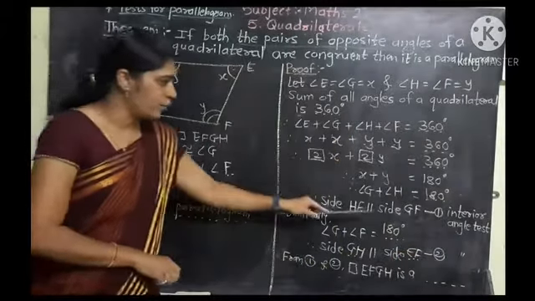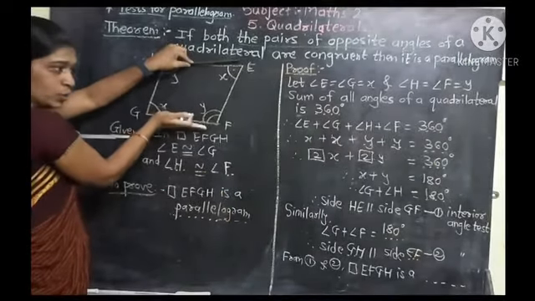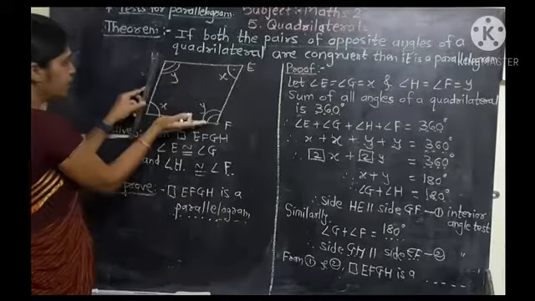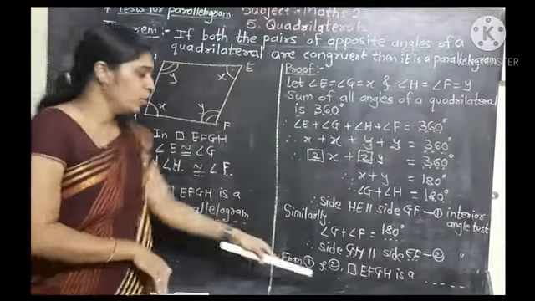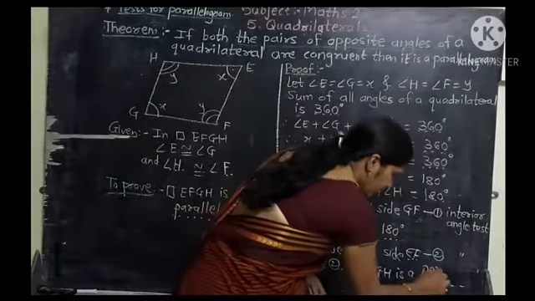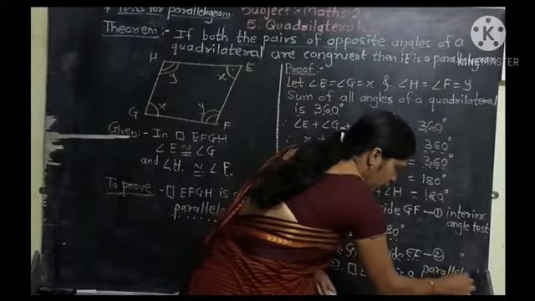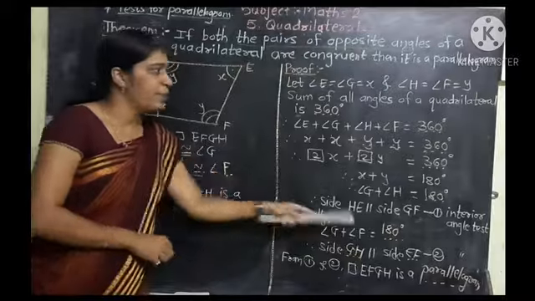And now see, from equation 1 and 2, what is the equation? HE is parallel to GF, equation number 1, and second is GH parallel to EF. Therefore from equation 1 and 2, EFGH is a parallelogram. So we have proved that it is a parallelogram.